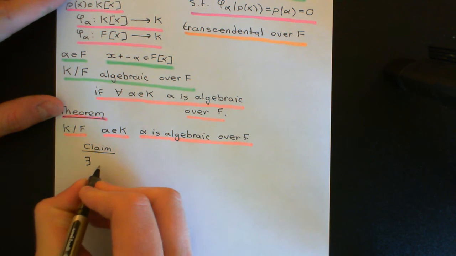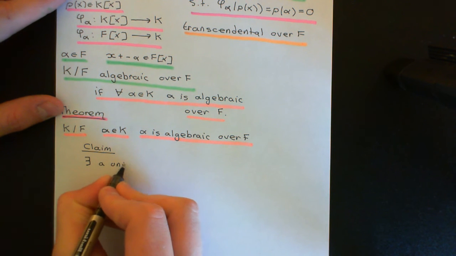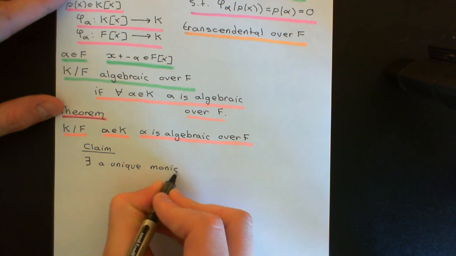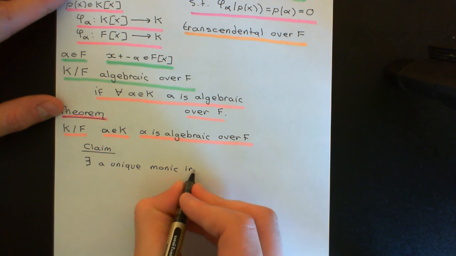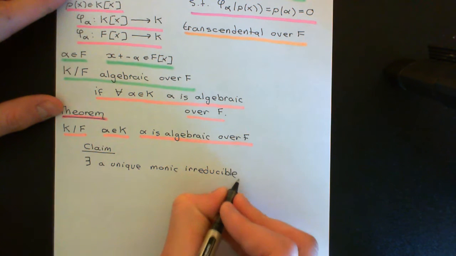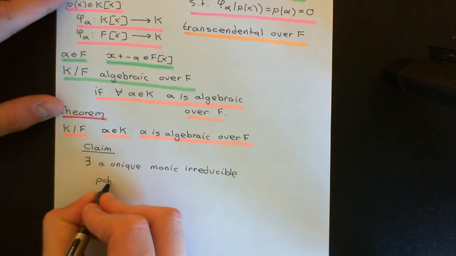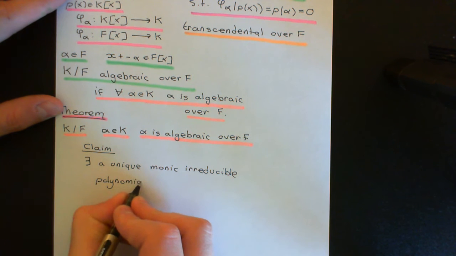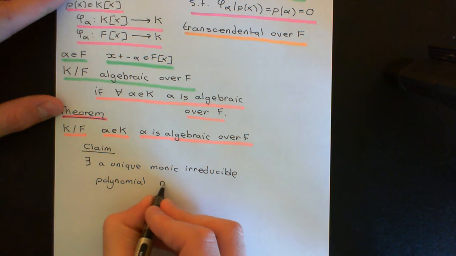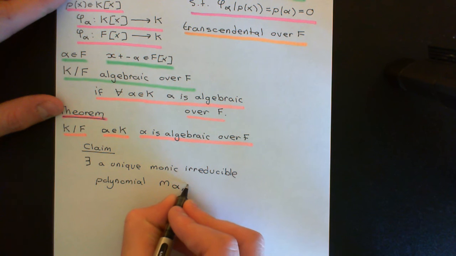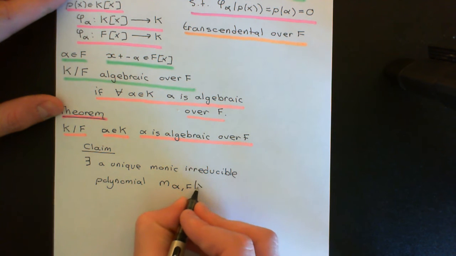So there exists a unique monic irreducible, so it's got a whole bunch of adjectives in front of it, a unique monic irreducible polynomial, which we will call the minimal polynomial, and then we'll subscript it alpha, comma F, of x.